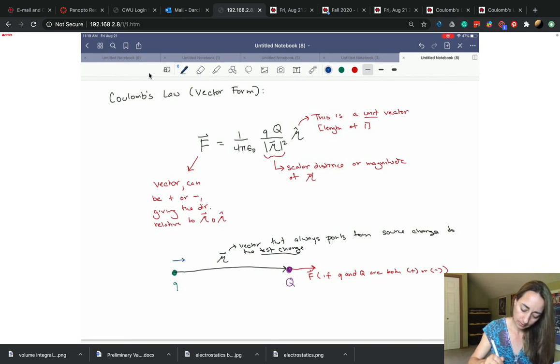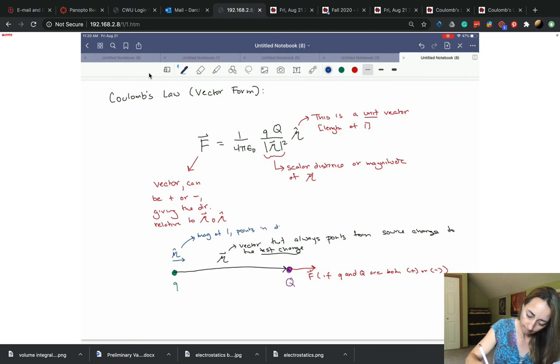So r hat points in the same direction as the r vector. The difference is that r hat has a magnitude of 1, and it points in the direction of r.